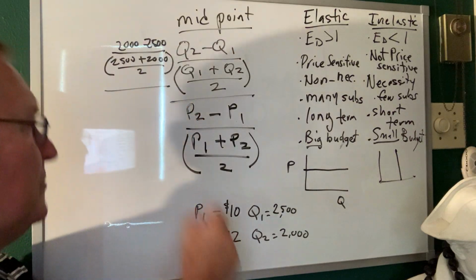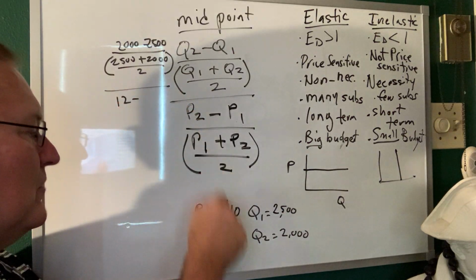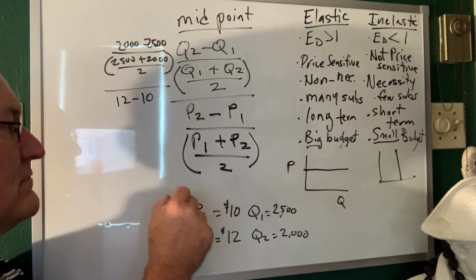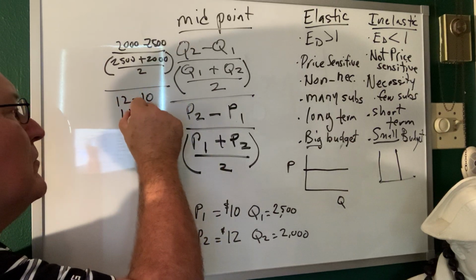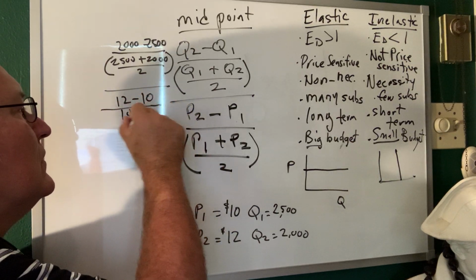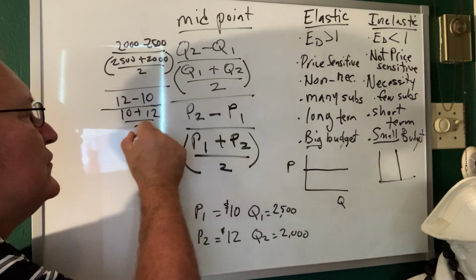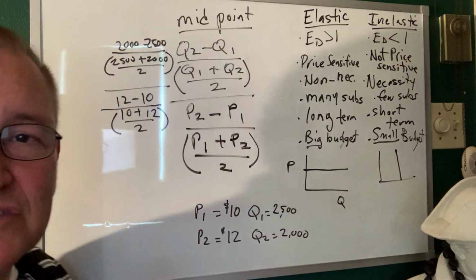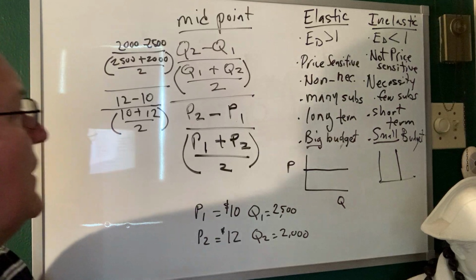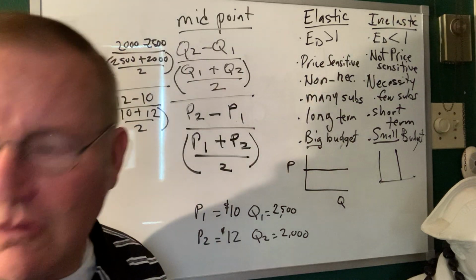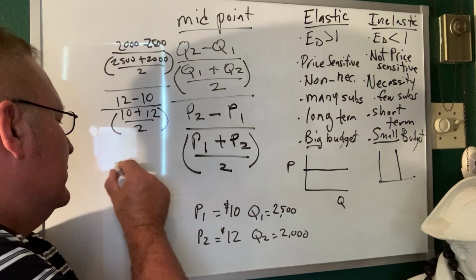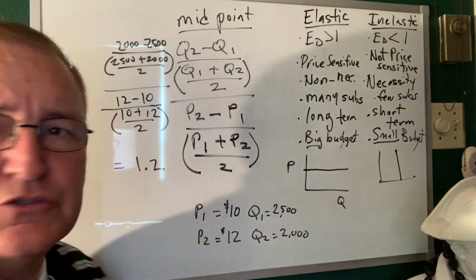And then price, P2, 12 minus P1, 10, over P1, 10 plus 12 over 2. Again, parentheses, really super important. And when you calculate all of that out, it comes to 1.2.